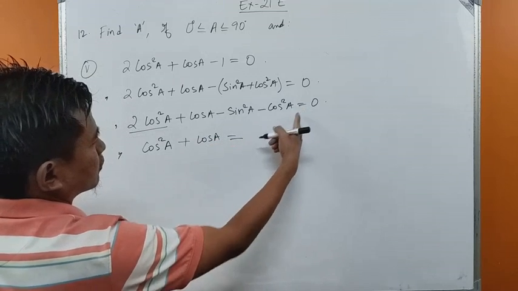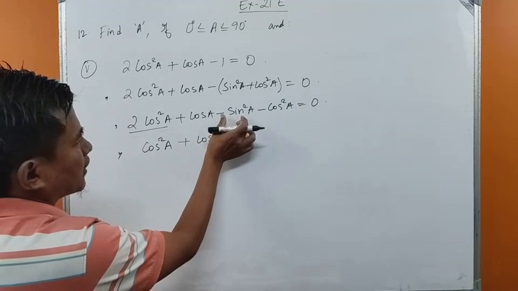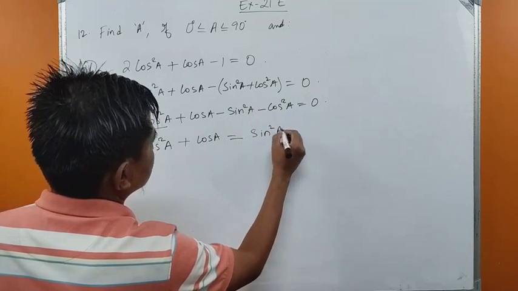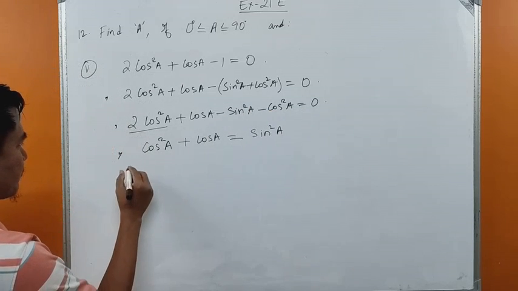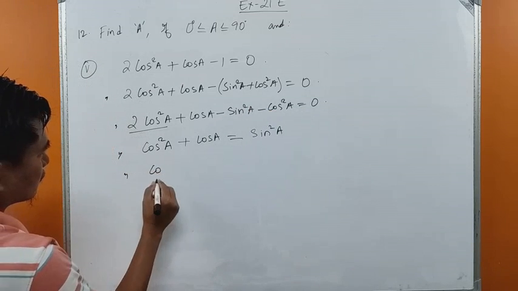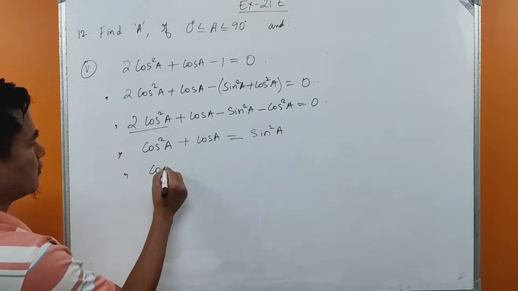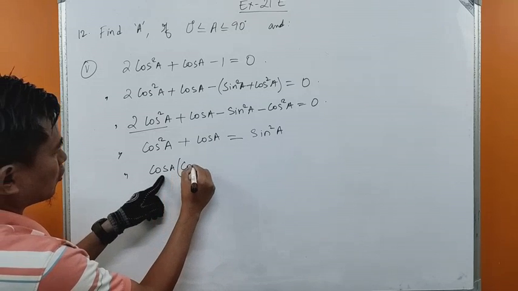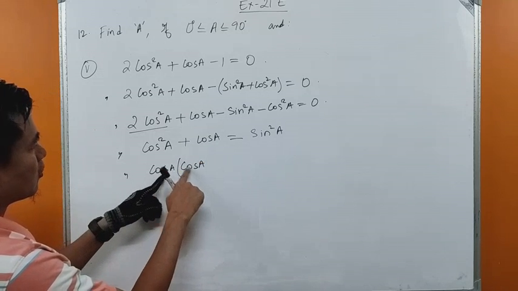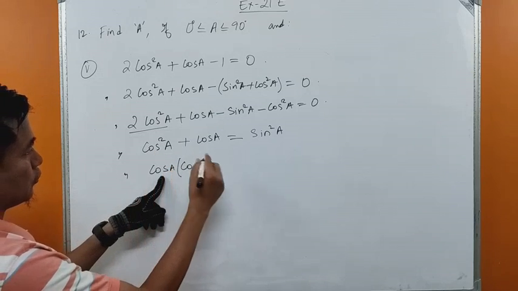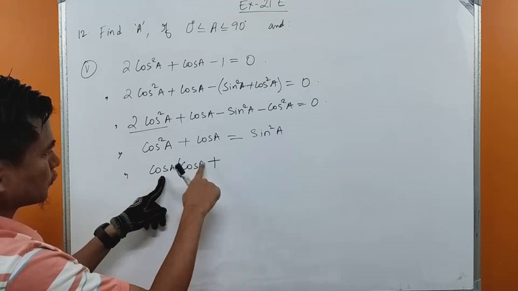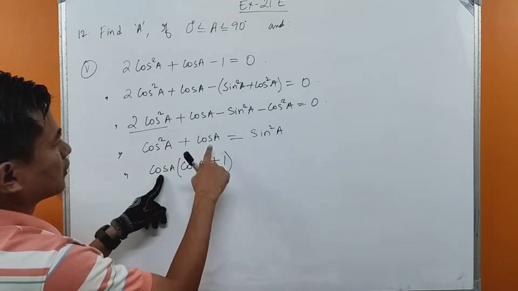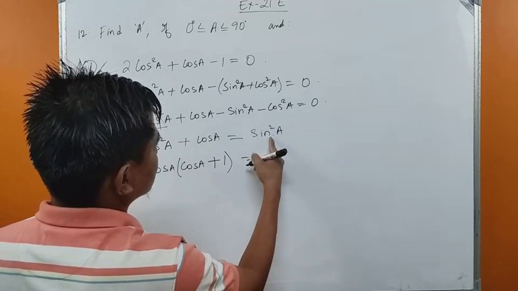We take minus sin square A to the right hand side, so it becomes sin square A. Let's take cos A common: cos A into cos A gives cos square A, plus cos A into 1, cos A, equals sin square A, isn't it?